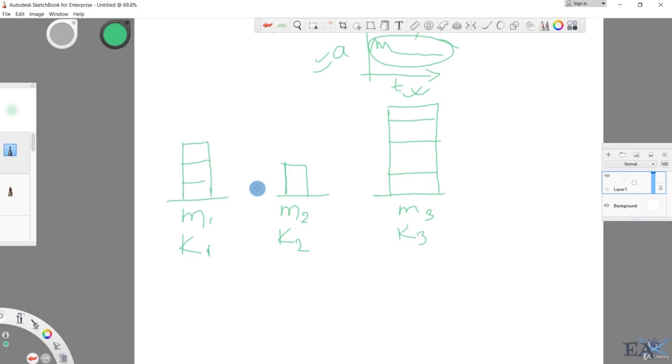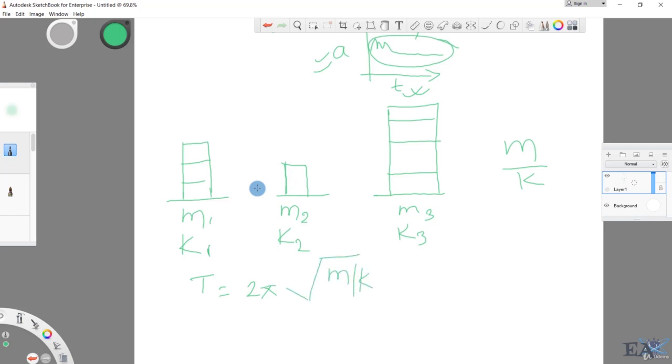So we can get the mass to stiffness ratio by doing m by k, right? Okay, so we know that the formula for the time period is T equals 2 pi root over m by k.